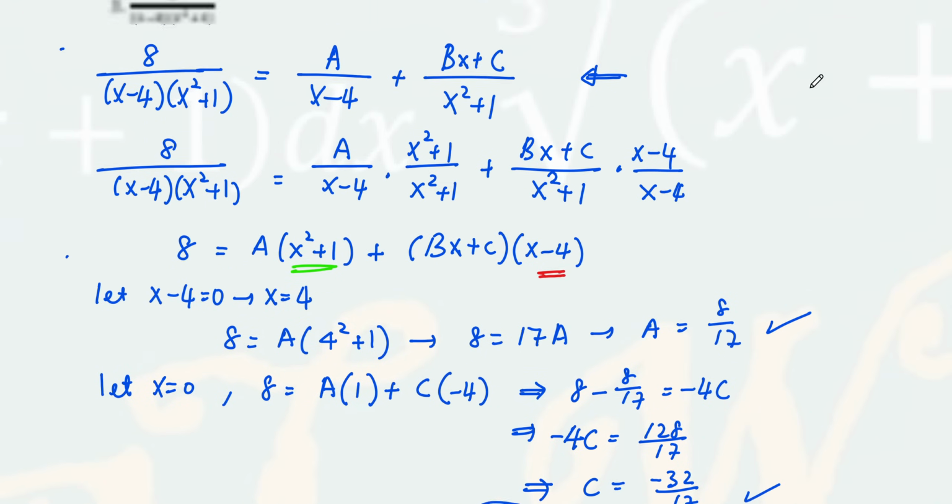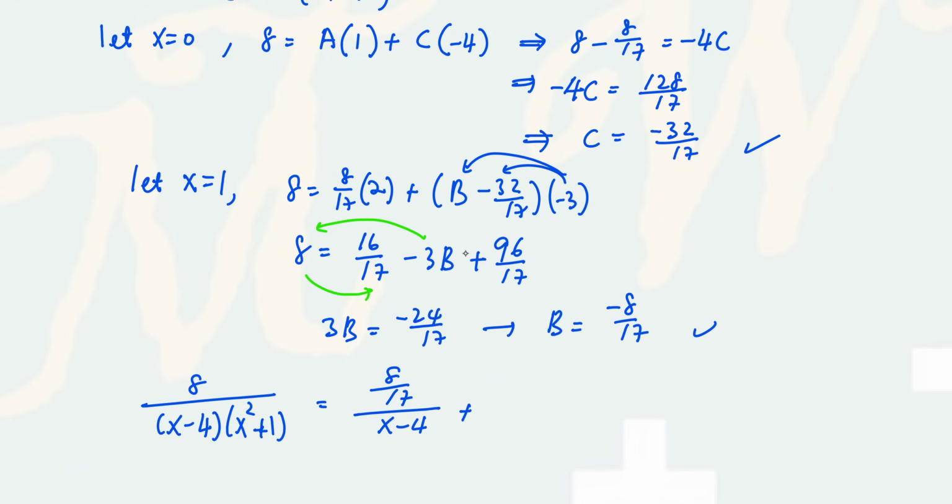Plus bx plus c. So my b is minus 8 over 17. This is my b, x plus c. But plus and minus the c. Okay, and plus and the minus of 32 over 17, that is minus 32 over 17. This is bx plus c over x squared plus 1.